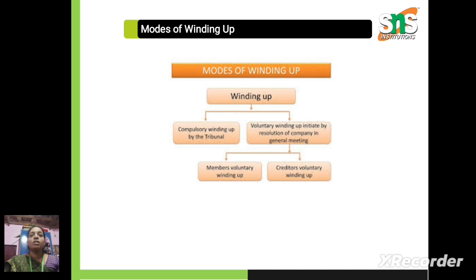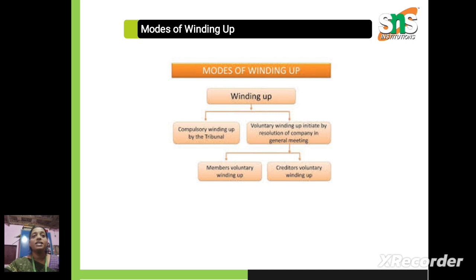Grounds for voluntary winding up: Section 304 states that a company may be wound up voluntarily in one of two situations. The first one is by the adoption of an ordinary resolution.